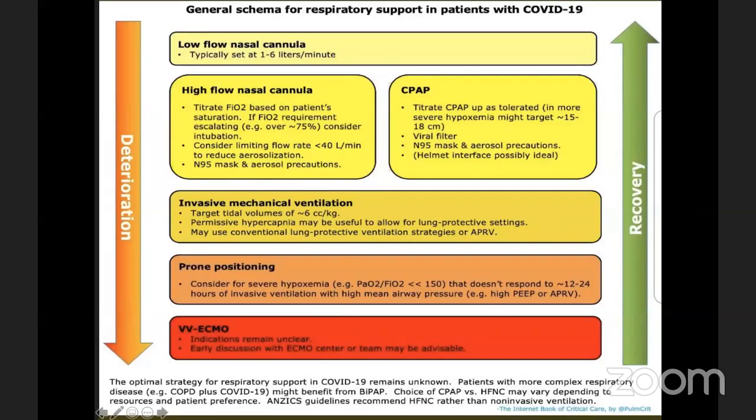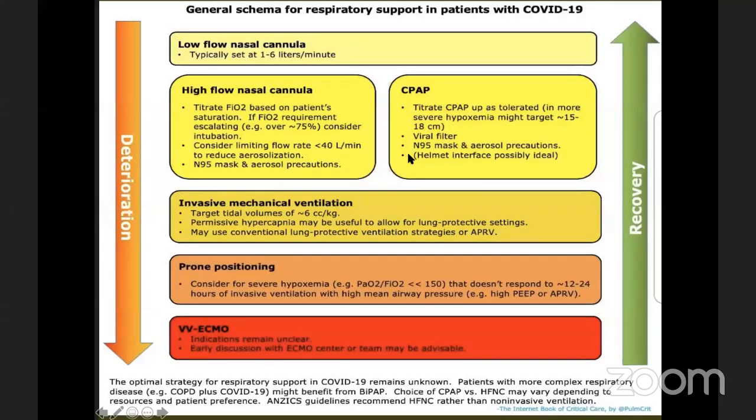And here, if the patient has hypoxemia, if the patient is working hard to breathe, not abdominal breathing, you can start initially with nasal cannula. If not responding and he's severely desaturating, you can go either high flow nasal cannula or CPAP, especially the helmet, because it's decreasing the need for intubation.